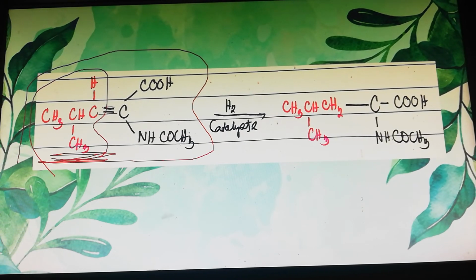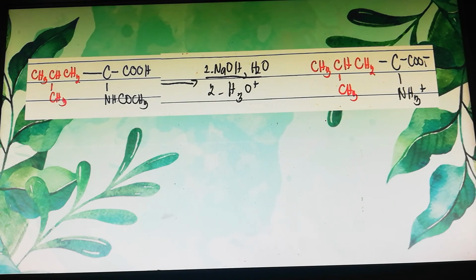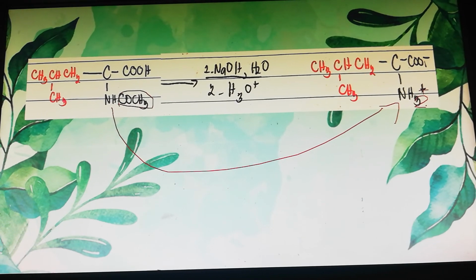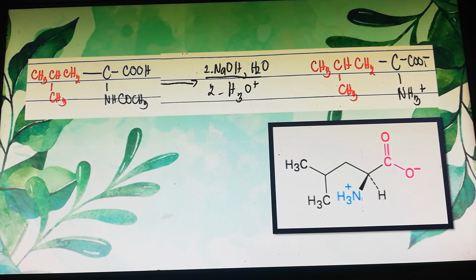So, we have chiral hydrogenation, which breaks the double bond, leaving a single bond, and the other hydrogen returns. Then we have hydrogenation on our amino group, where the acetyl group is removed and replaced by NH3+, the zwitterion form. You can also answer with NH2, which is more correct. Let's compare our product with the structure of leucine.